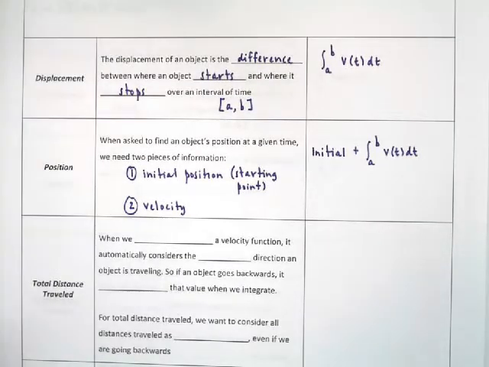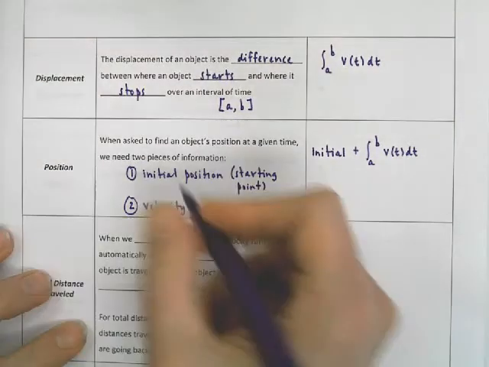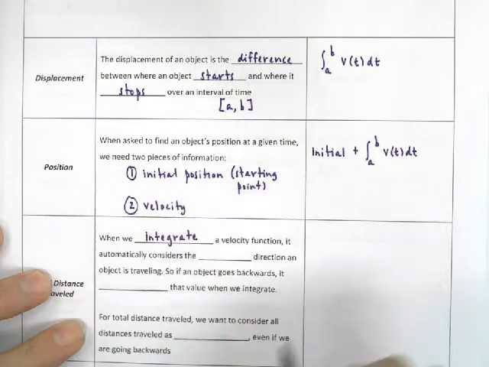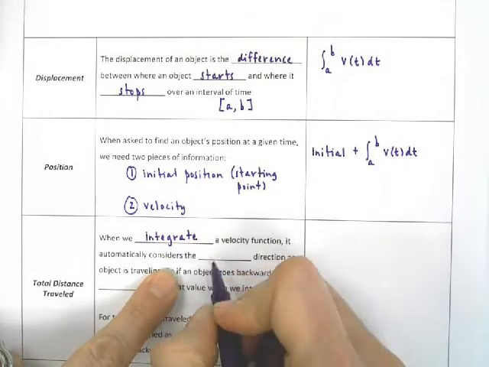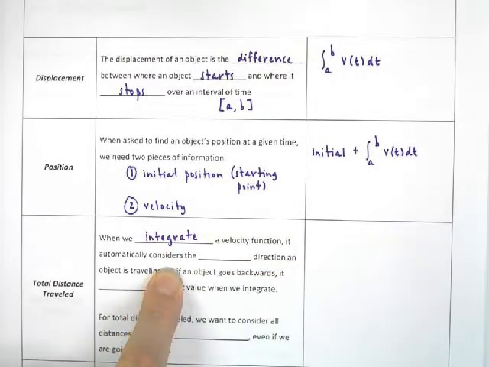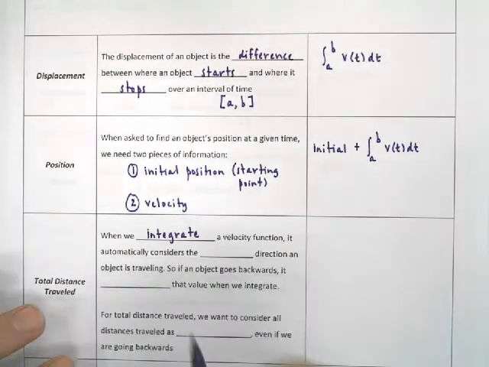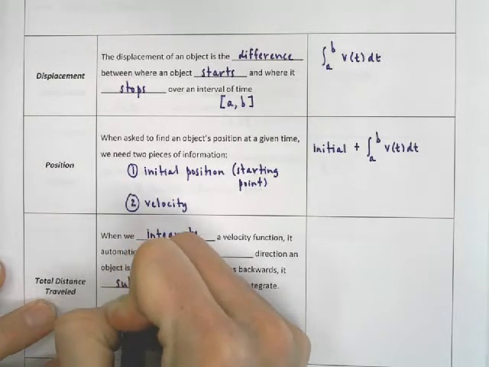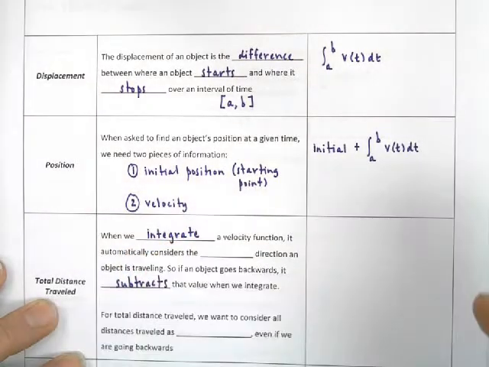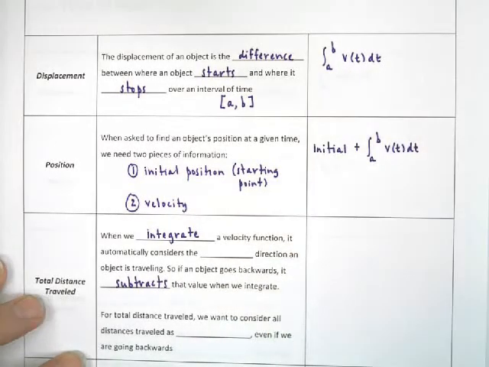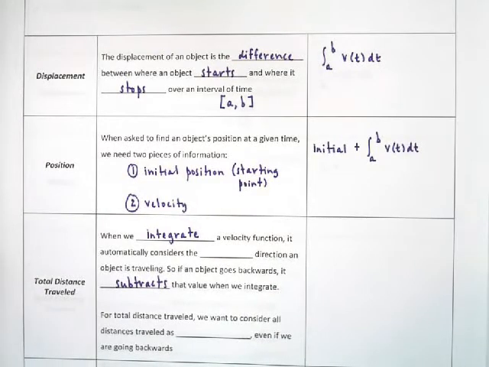For total distance traveled, the idea here is that when we integrate a velocity function, it automatically considers the direction an object is traveling. So if an object goes backwards, it subtracts that value when we integrate. And so that's exactly why integrating velocity gives us this displacement. It takes how far we traveled to the right and subtracts how far we traveled to the left, so we just get that difference.